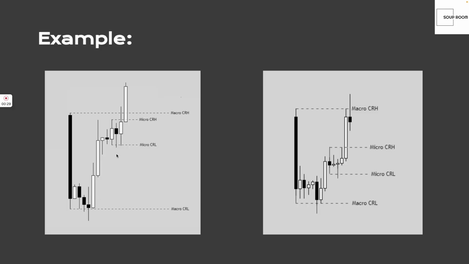We want to look for longs targeting the high of the 8 a.m. candle, the macro candle range high. We're going to look to soup the 15-minute low, the micro candle range low. Souping it, looking for an entry in the third candle.